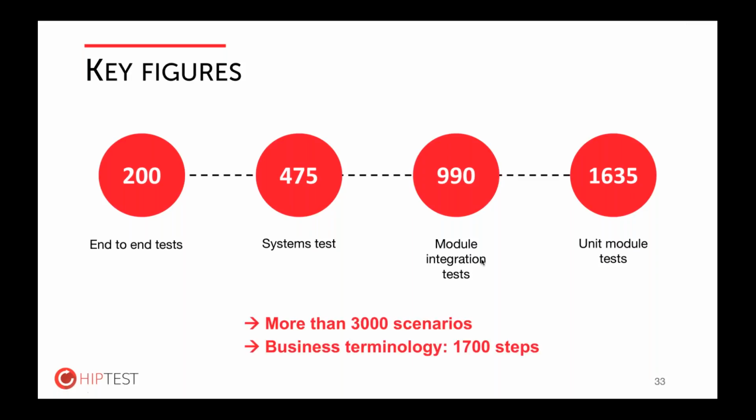So altogether, it means that we have more than 3,000 BDD scenarios at different levels of the system. And the interesting thing here is that all these scenarios were designed using just 1,700 steps.